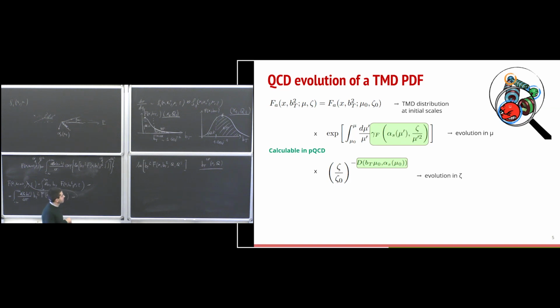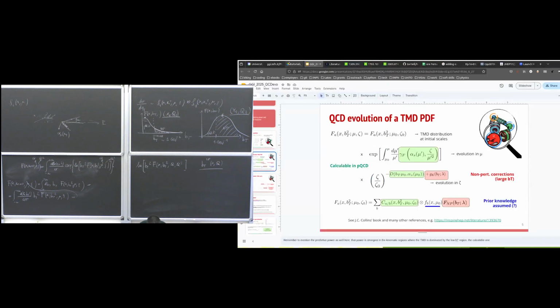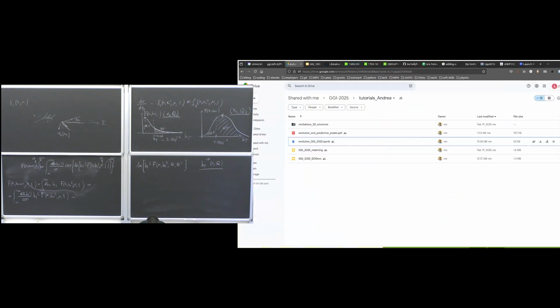There is also a file in the same folder that I shared 2 days ago, with the solution of this calculation. So you can also take inspiration from that one if you want. Let me see if it's already there. Yeah, it's this file, evolution and predictive power.